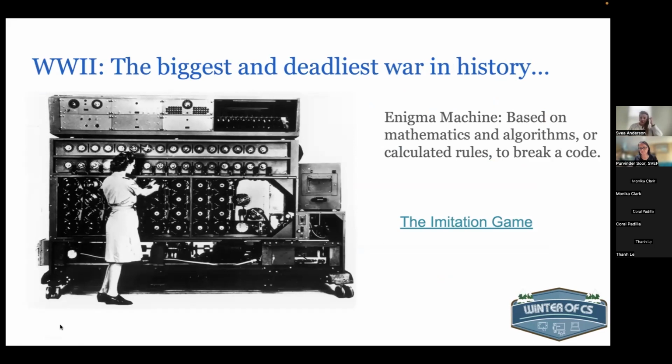The picture on the screen is what is called an Enigma machine. It was used by the German military to encrypt and encipher top secret messages, like where the troops were going to move, where the enemy troops were located, etc. So it was incredibly difficult for other nations to decode these German messages.